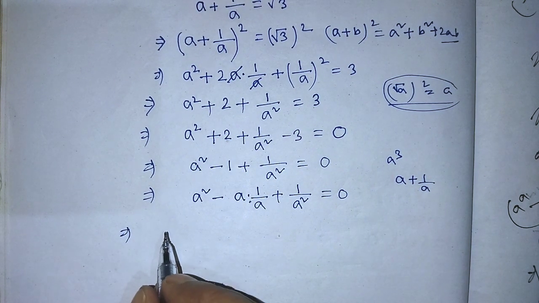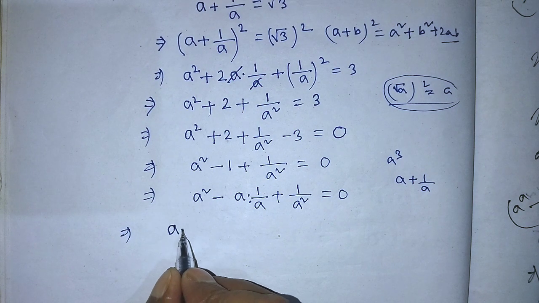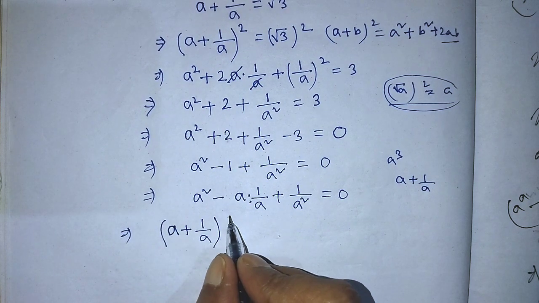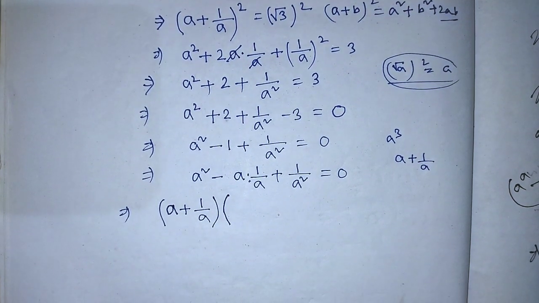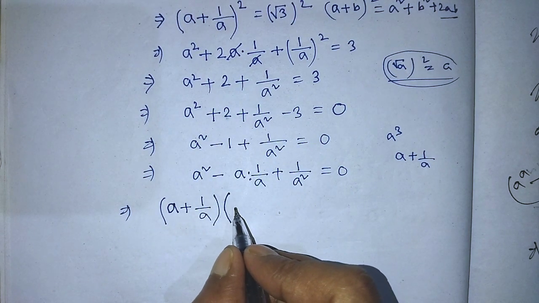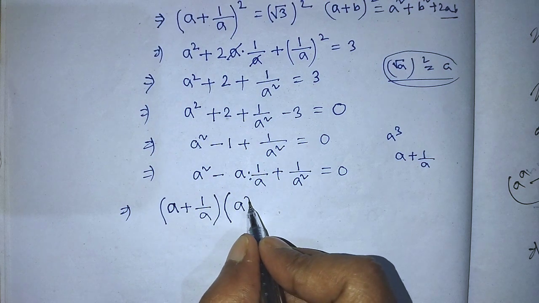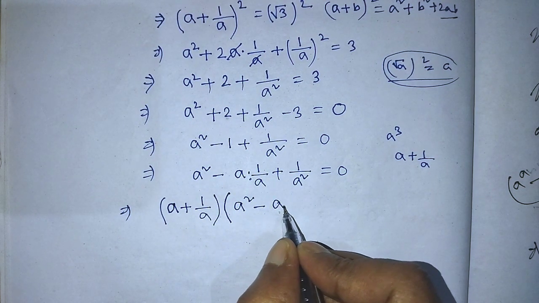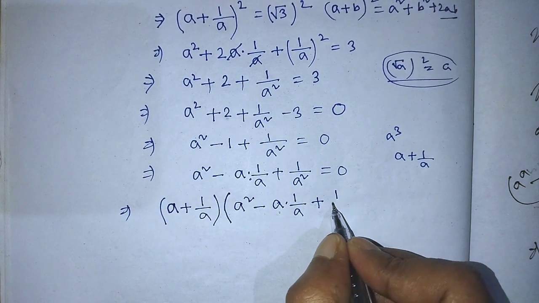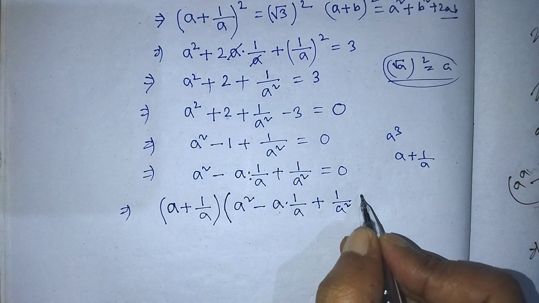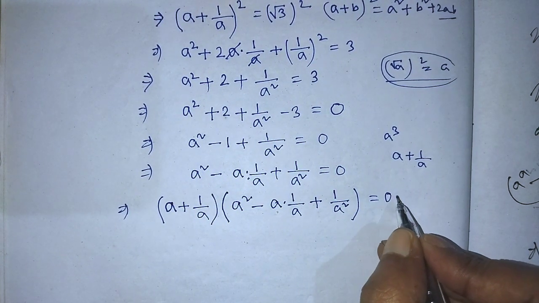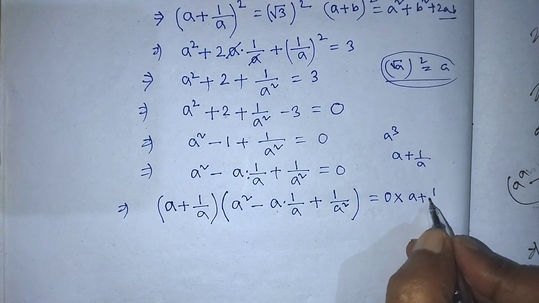On the left hand side we write a plus 1 over a in brackets, and again in brackets we write this algebraic expression: a square minus a into 1 over a plus 1 over a square, is equal to, on the right hand side, 0 into a plus 1 over a.